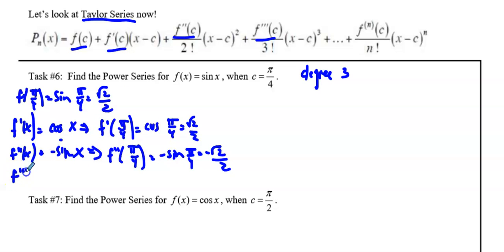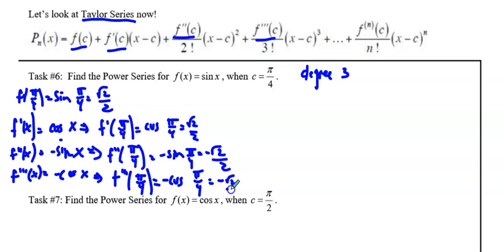Then the third derivative is going to be negative cosine of x, so f triple prime of pi over 4 is negative cosine of pi over 4, which gives us negative square root of 2 over 2. So we have all the information that we need to actually solve this problem.